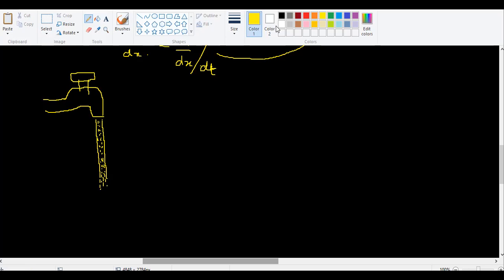Suppose I take an ink pen and put the nib over here. Or maybe let me draw it properly. Suppose this is water flowing, and I keep the nib over here.